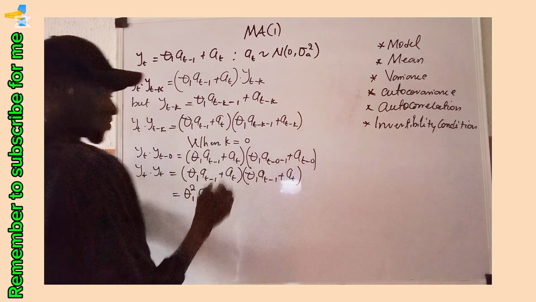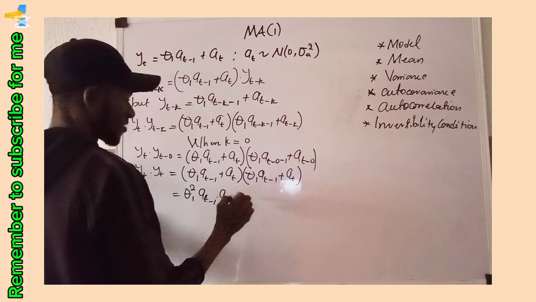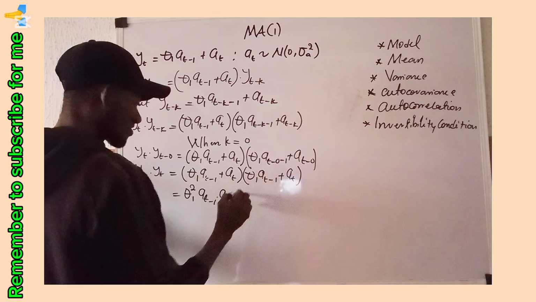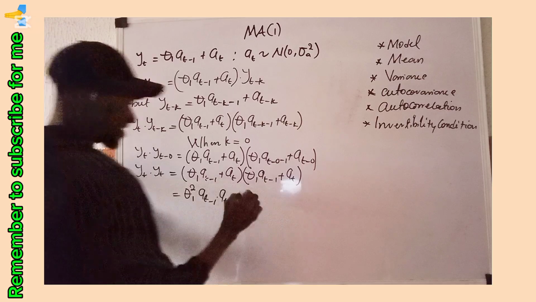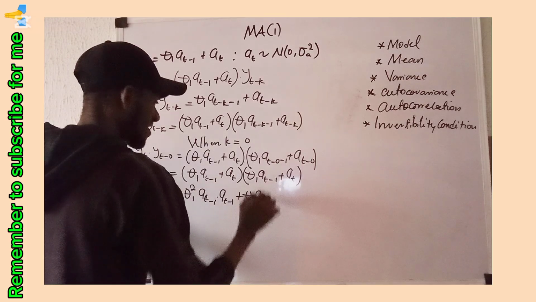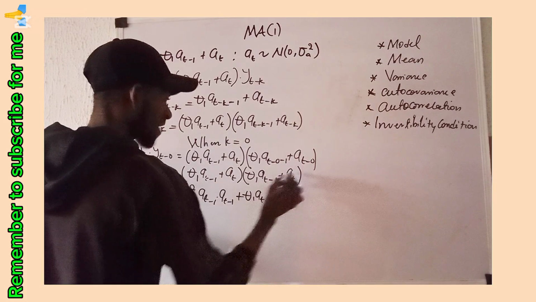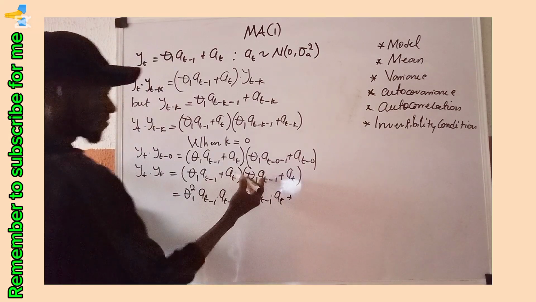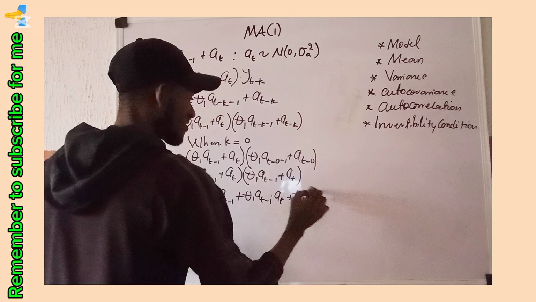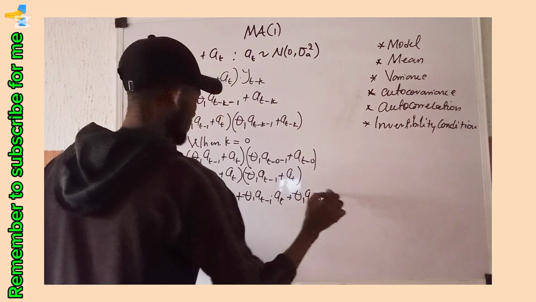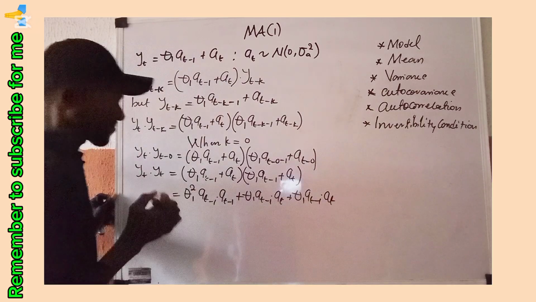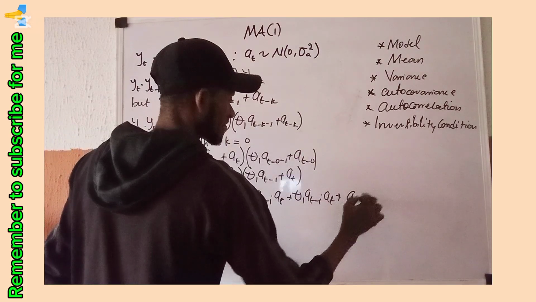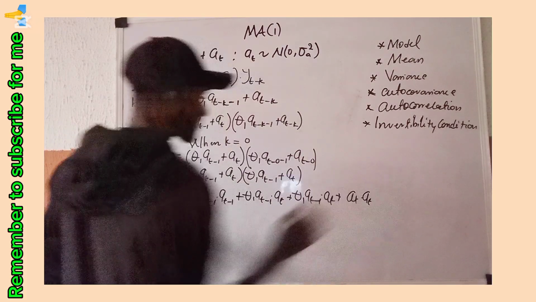Then, plus theta 1 a of t minus 1 multiplied by a of t, plus theta 1 a of t minus 1 multiplied by a of t, plus a of t multiplied by a of t.